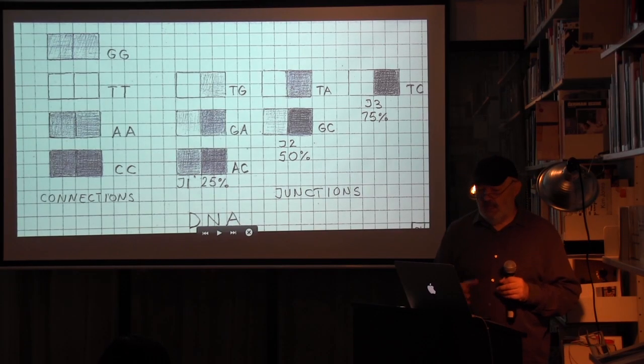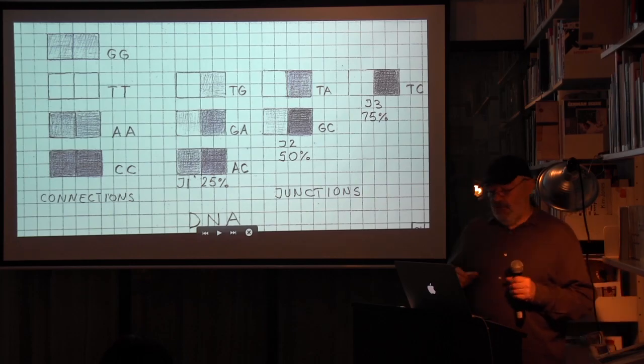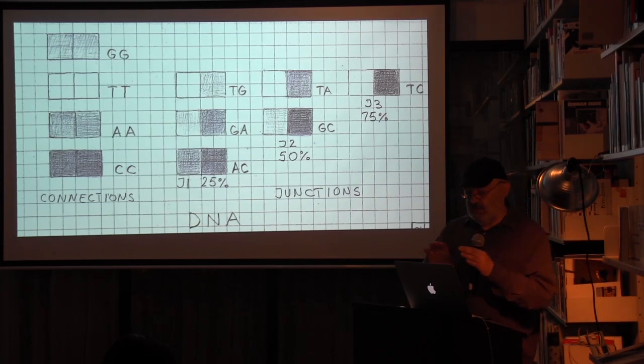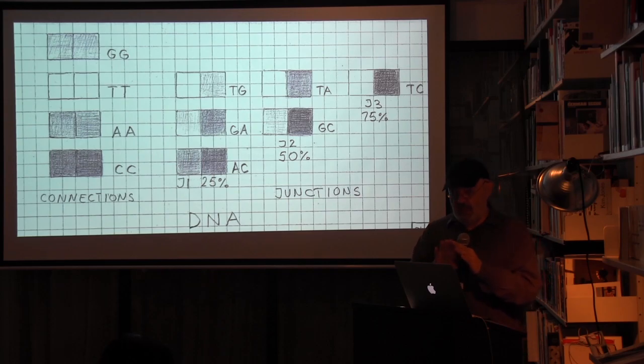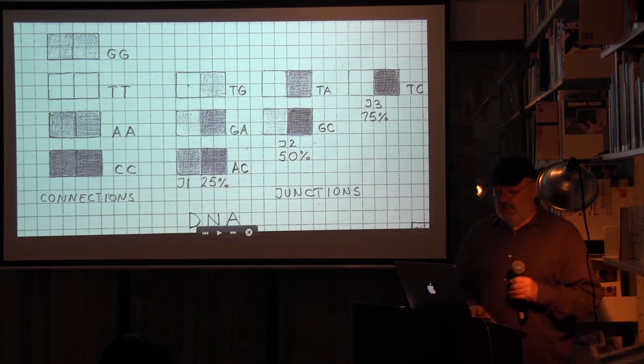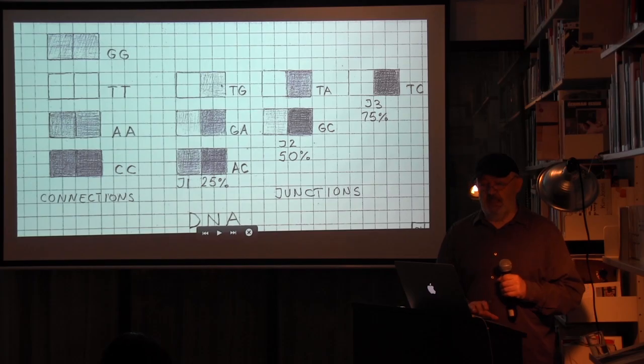Then we have something that we'll call junctions. A junction is a spatial neighborhood between two different values. In this case, we have thymine and guanine. They are spatial neighbors.